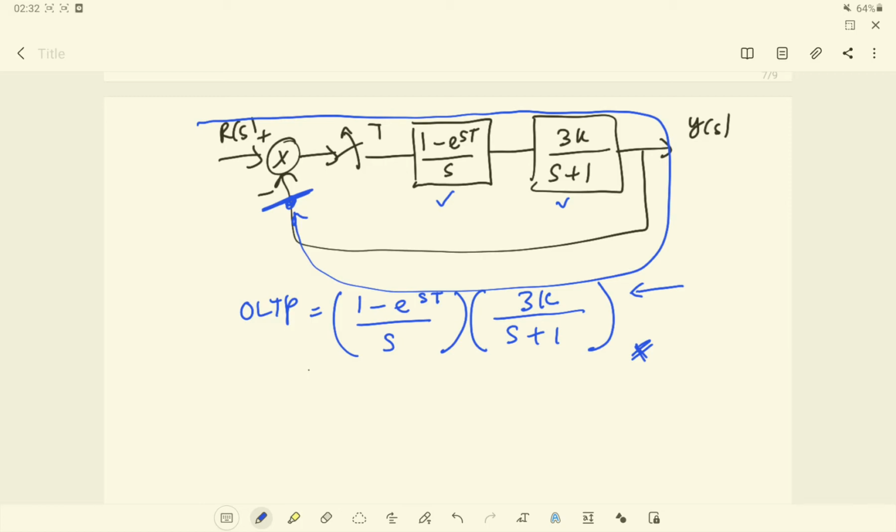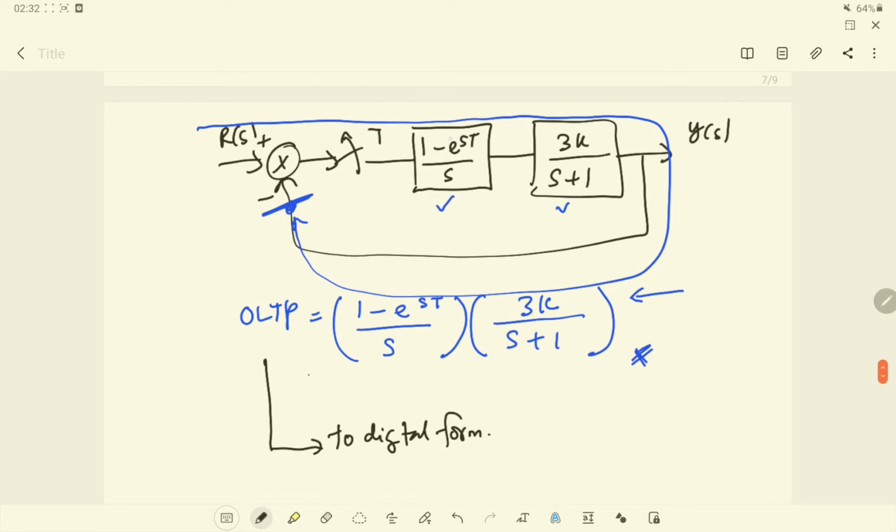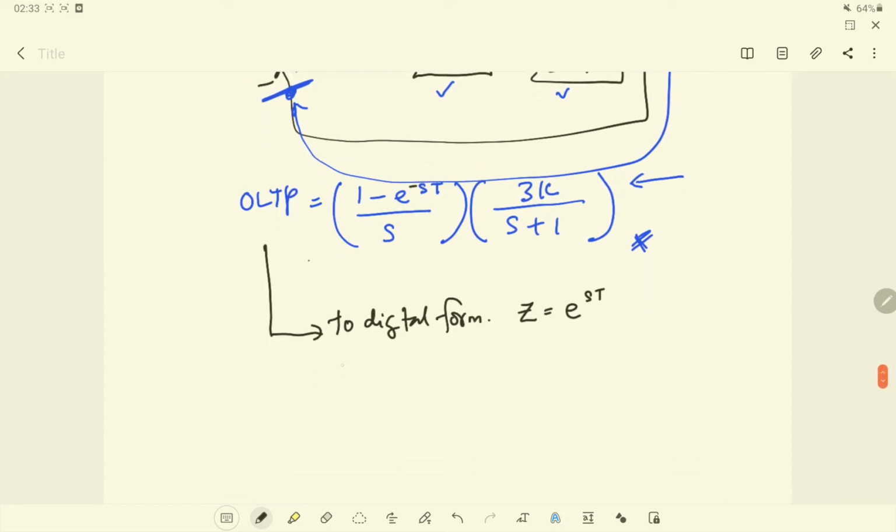After you get the open loop transfer function, you have to convert it to the digital form in order to analyze the system. So we convert it to the digital system. We know that z is equal to exponent sT. So we convert from the frequency domain to the Z transform using this conversion.